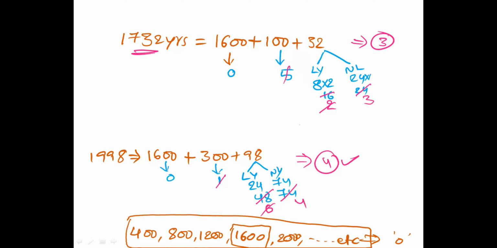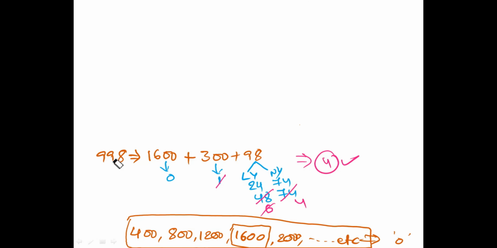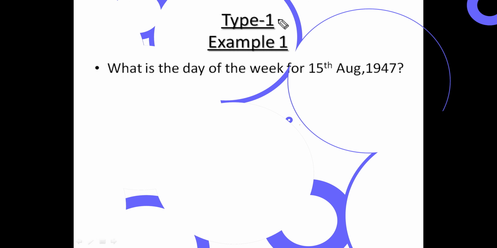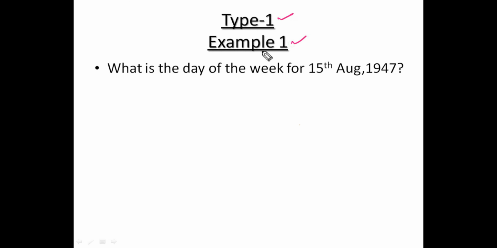Alright. So up to this, concepts are over. Now let us try to do one question in the standard method using the same concepts we have learned till now. Type 1, first example.